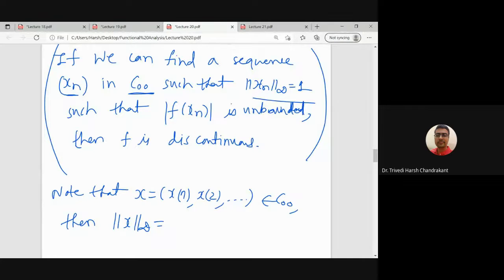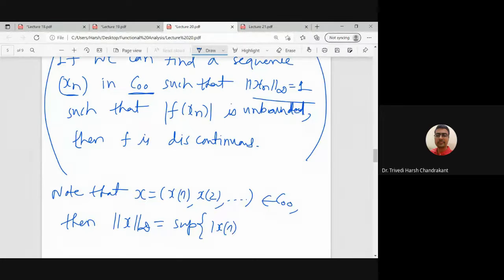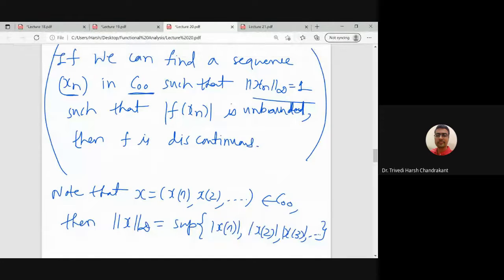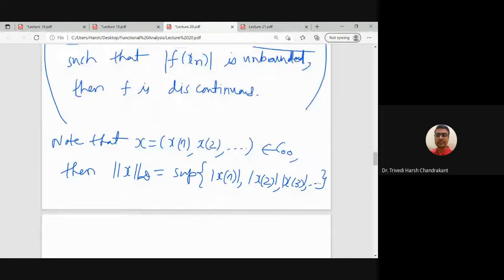It is the supremum of modulus of x1, modulus of x2, modulus of x3, and so on. Each entry of the sequence we take the modulus of, and then the supremum of these entries, and we want x_n such that this supremum is 1.